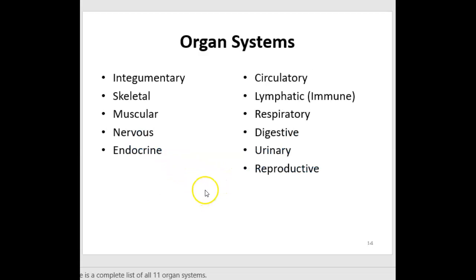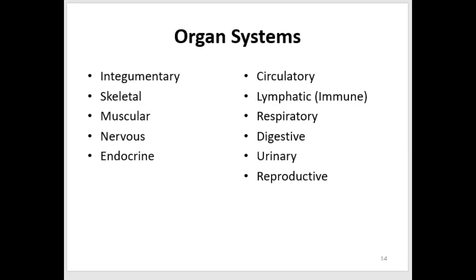So let's start with a list of the 11 organ systems. They include the integumentary system, the skeletal system, the muscular system, the nervous system, the endocrine system, the circulatory system, the lymphatic system, respiratory, digestive, urinary, and reproductive. So you have to sort of count on your fingers and be able to name those.